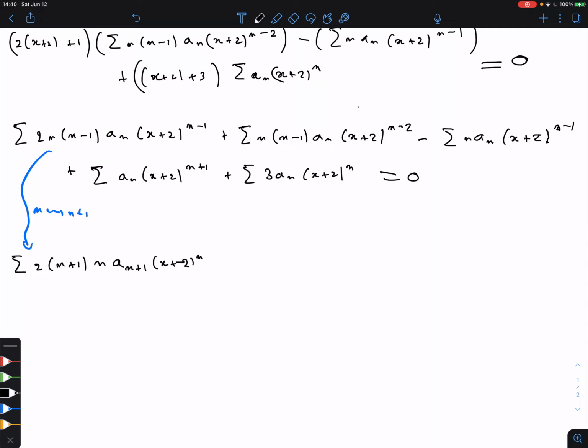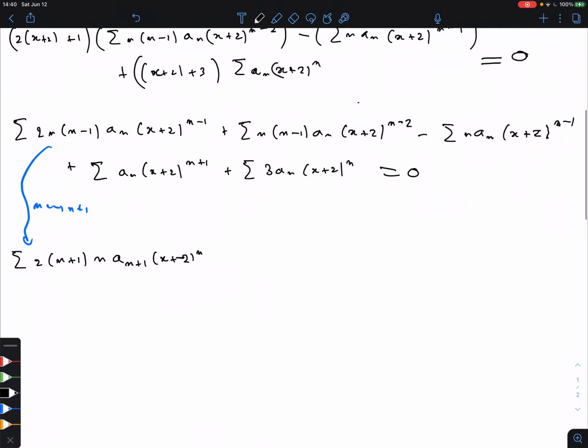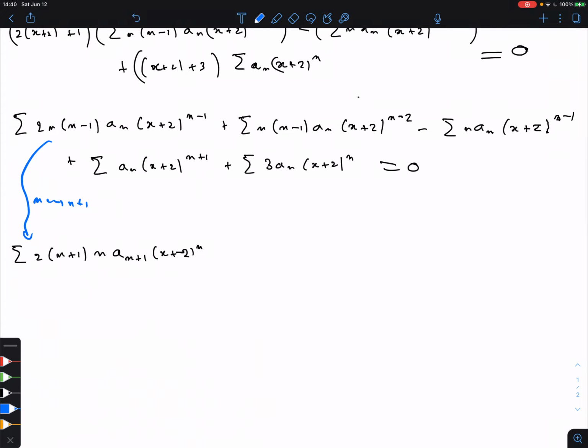We need to shift 2 in here, so the shift is n replaced by n plus 2. That will be plus summation (n plus 2)(n plus 1) a n plus 2 x plus 2 to the power n plus 2 minus 2. That's exactly what we want.